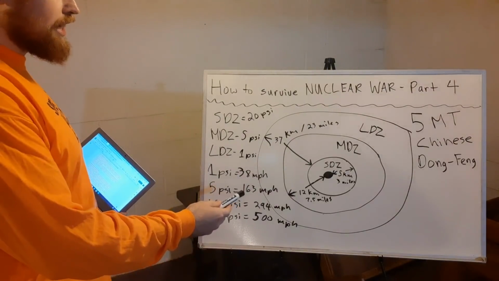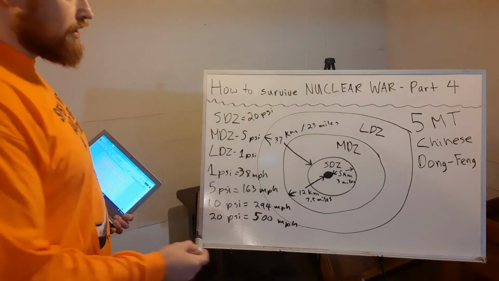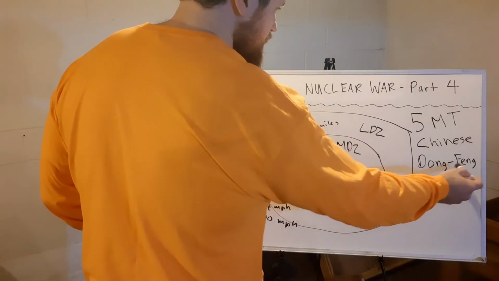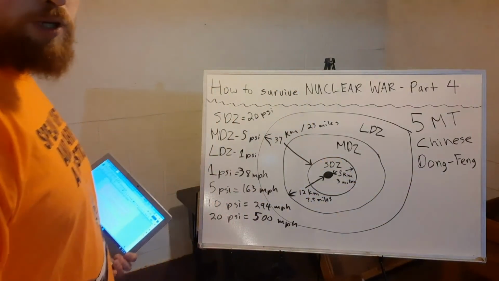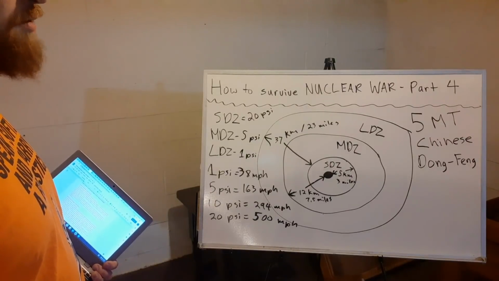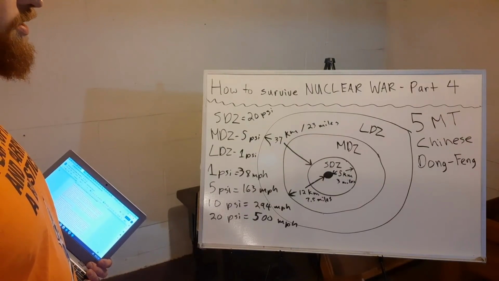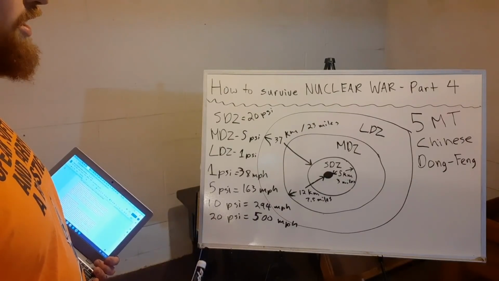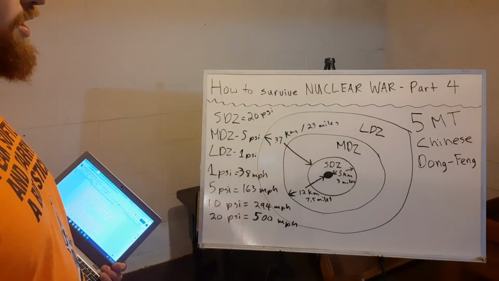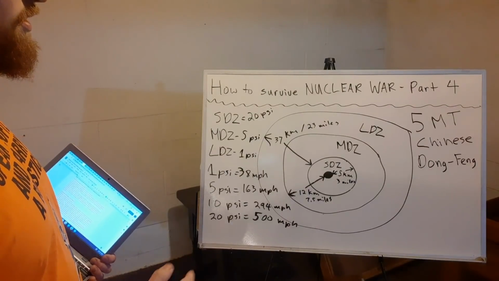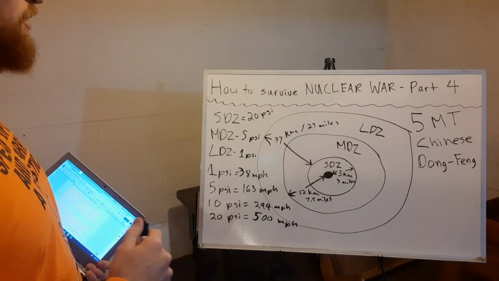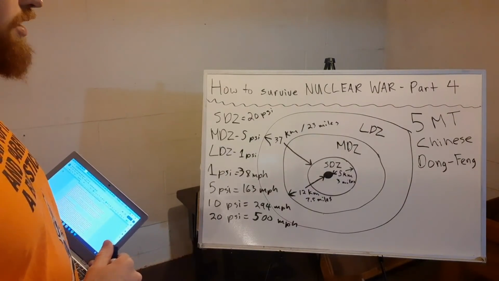What you're looking at here is a sketch that I made of an explosion of a 5 megaton Chinese Dongfeng ICBM. This is one of the ICBMs that China has currently deployed as part of their strategic nuclear arsenal. So this is possibly one type of warhead that could be used against the United States in a nuclear war.